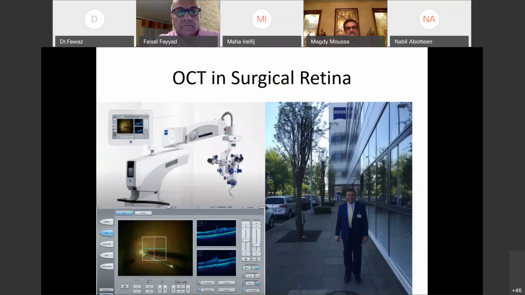The last slide, I just want to mention. In 2016, I was a little bit lucky to attend a Zeiss meeting about the OCT, and they launched one of the interesting OCTs, which is the built-in OCT within the microscope, called the OPM system. And actually, this is one of the very useful usages of the OCT in surgical retina.